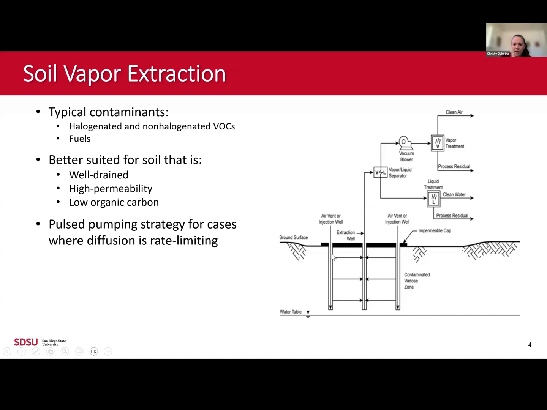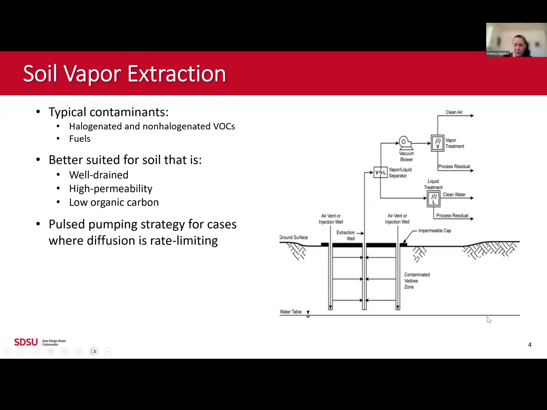So what happens is the air comes in, it goes through the pore spaces here towards the extraction well at the center. And as it goes through those pore spaces, it volatilizes these compounds. It picks up the volatilized compound and brings it over to the extraction well where we can then remove it.